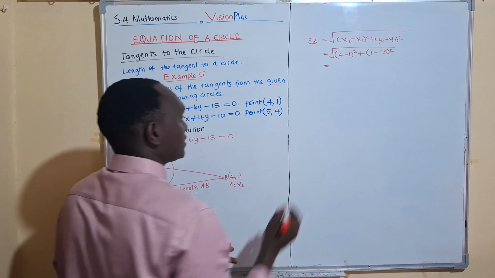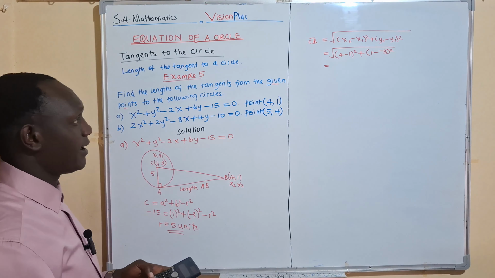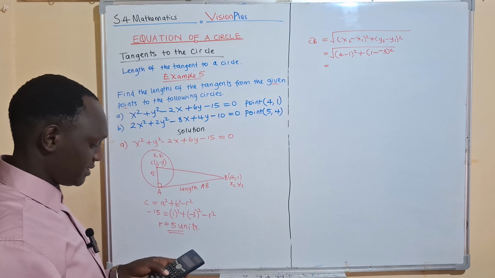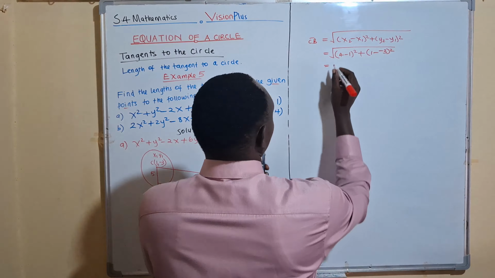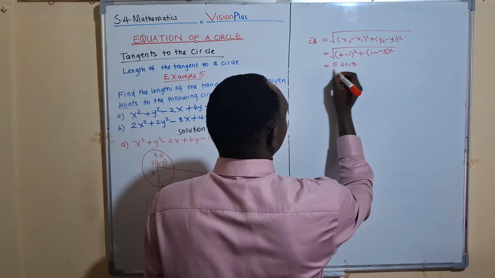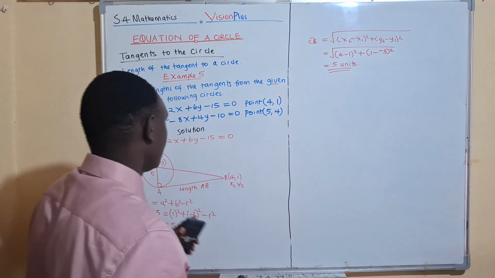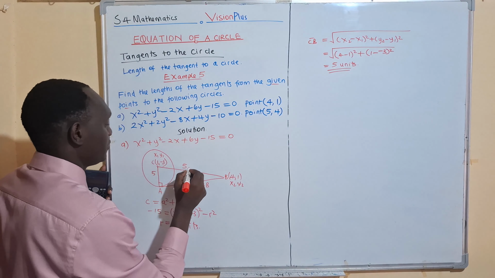Then on the calculator: 4 minus 1 squared plus 1 minus negative 3 squared. I'm getting 25, and then you take the root, I'm getting 5 units. So the length CB is 5 units.